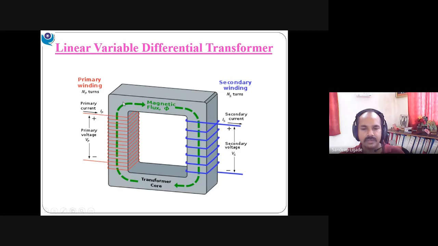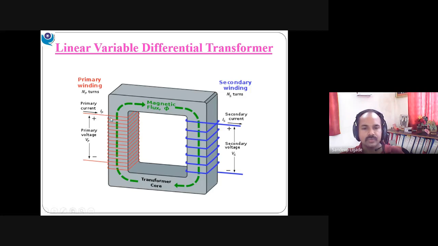Core may be an iron core, a ferrite core, maybe an air core also, but here it is an iron core, or else we can say a ferrite core. Compared to the iron core, the ferrite core is more suitable. Losses are very less in a ferrite core, and also there is a proper linkage or maximum linkage in a ferrite core.